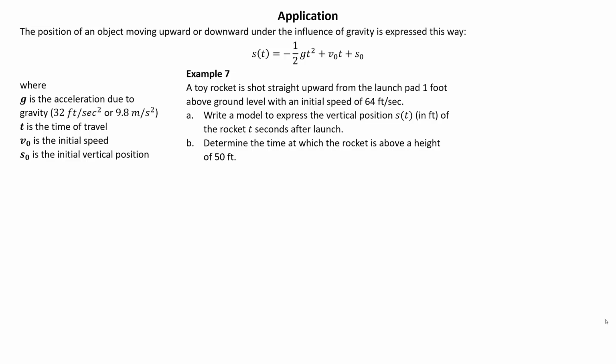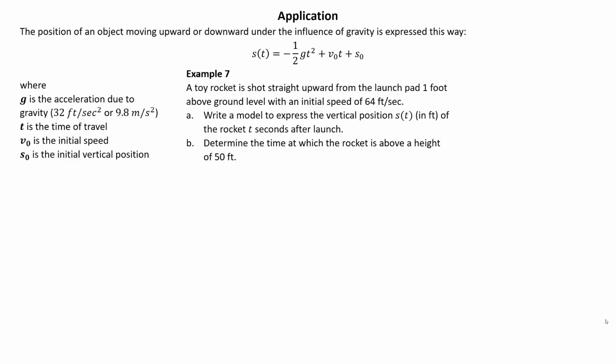T is the time of travel, and v sub 0 is the initial speed. S sub 0 is the initial vertical position. So this is how we talk about falling objects or vertical motion with gravity.